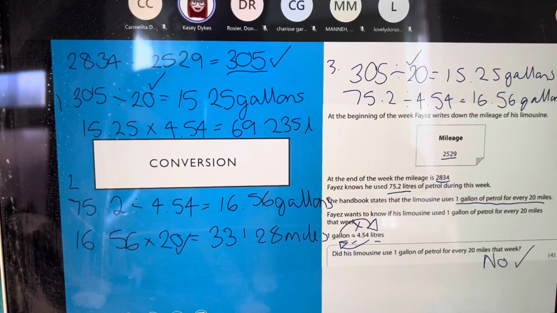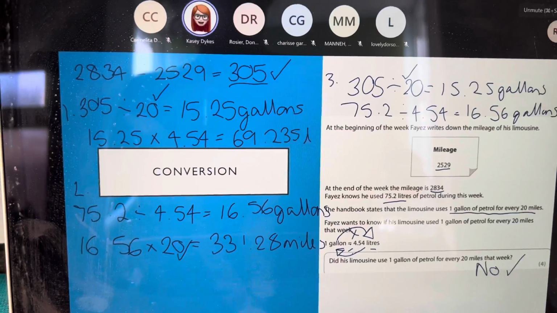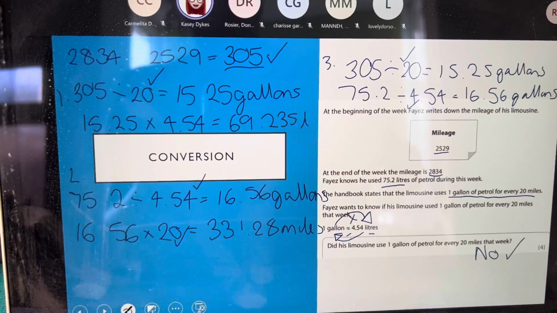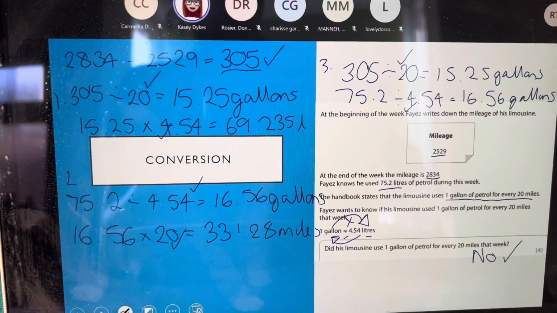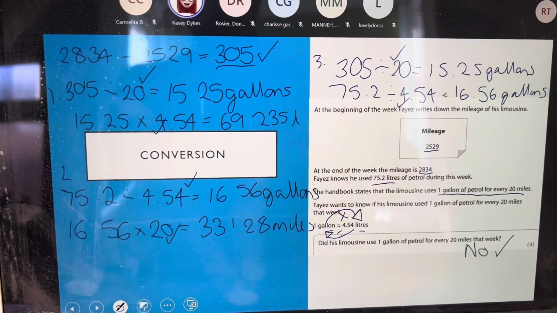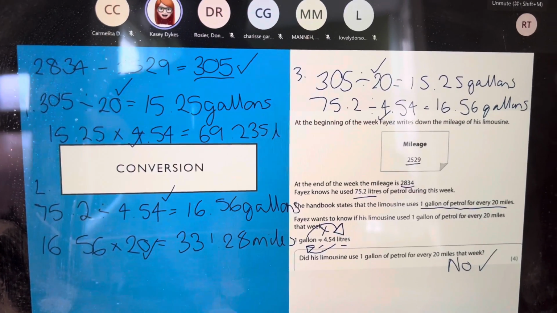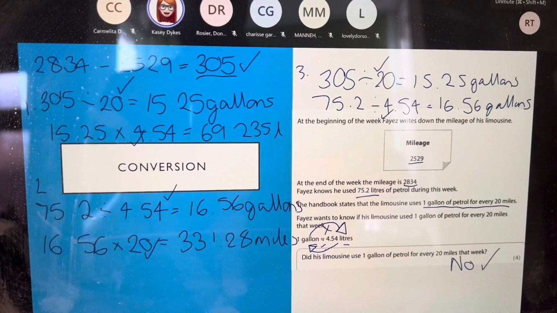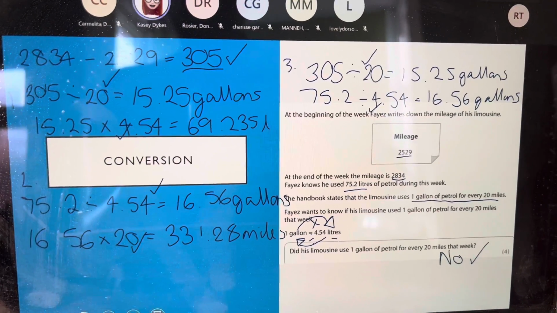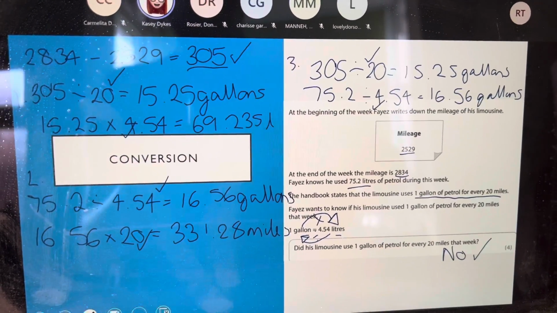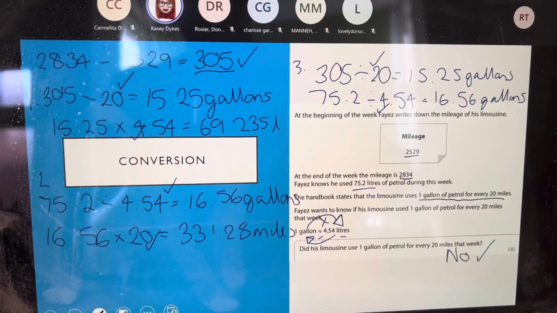And at some point you've had to multiply or divide by 4.54, so that's your other mark. So as long as you've worked out your 305, you've multiplied or divided by 20, and you've multiplied or divided by 4.54, and you've come to the answer of no, you can get all 4 of those marks.